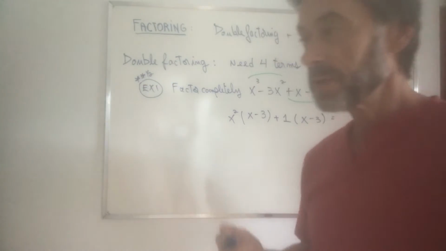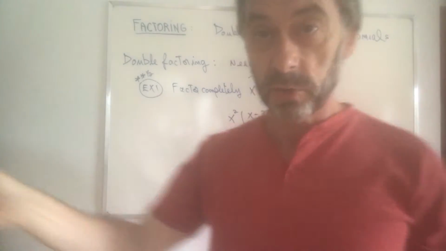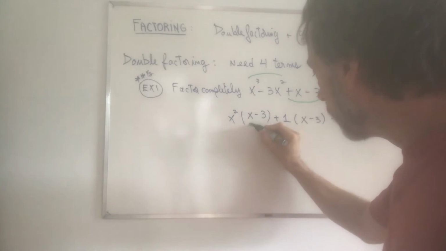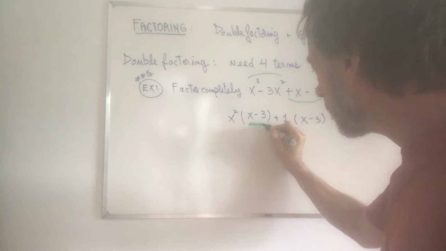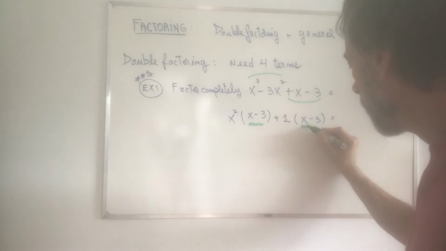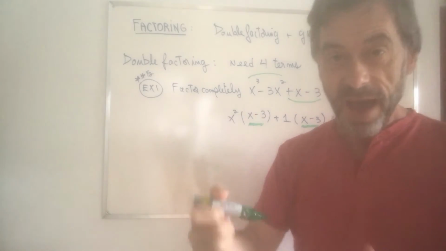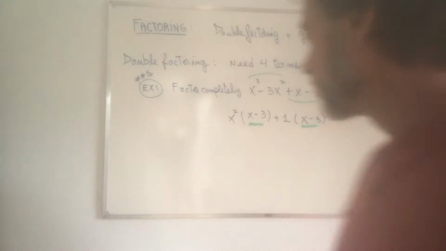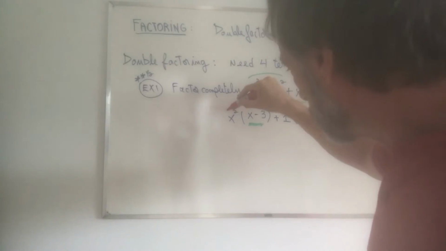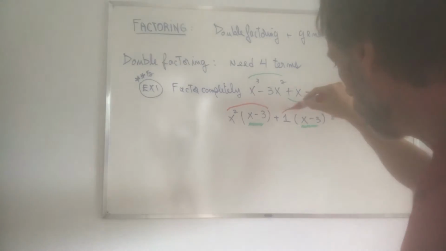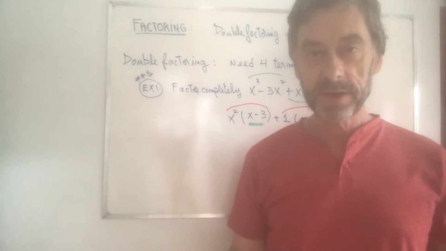Now, the success of double factoring resides in having the same term in this bracket as in this bracket, because then we're going to refactor out the x minus 3. So now, if I take a look at this term and this term, what do I see as a common factor to these two?